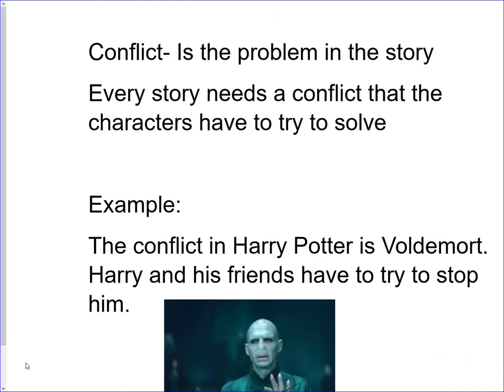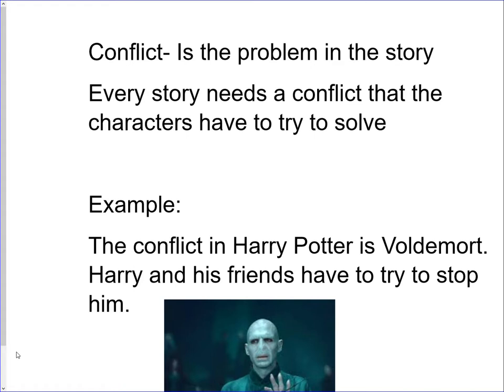So if we take a look here, our conflict is the problem in the story. Every story needs a conflict that the characters have to try to solve. So for example, if we're talking about the Harry Potter movies, the main conflict would be Harry Potter versus Voldemort, right? Harry and his friends have to try to stop him.